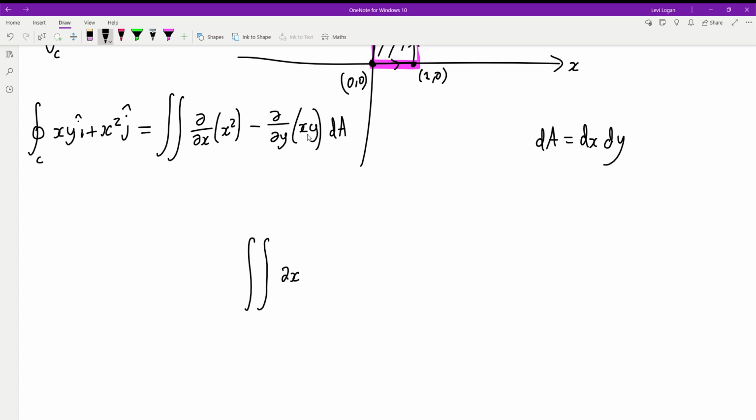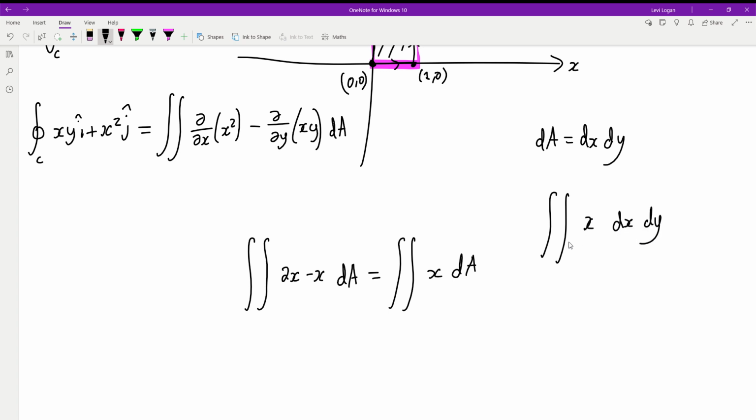The partial derivative of all this with respect to y is going to be x, because x is treated as a constant, so the variable y just turns to 1, so you have minus x here. So the whole thing is just going to be the double integral of x dA, sorry. Okay, now I can replace the dA with a dx dy. So I have the double integral of x dx dy.